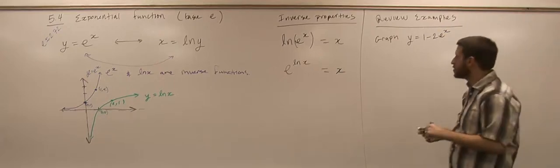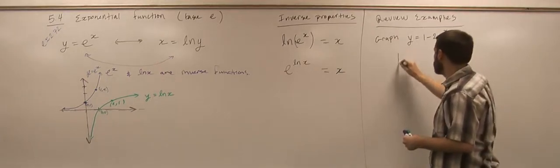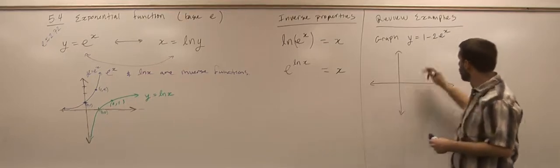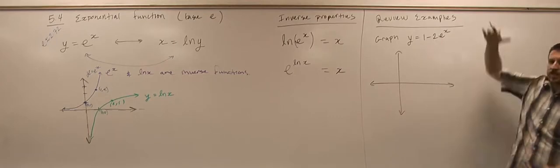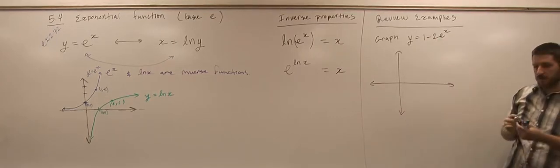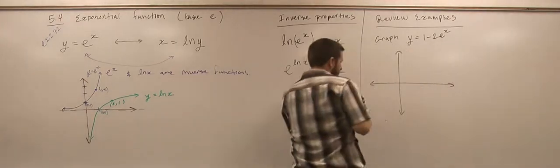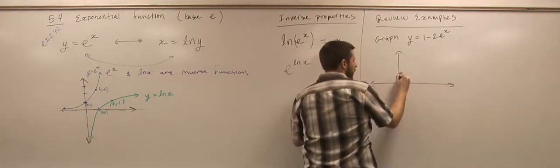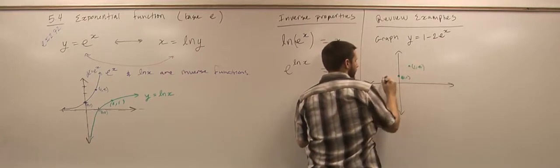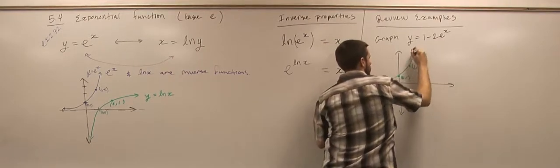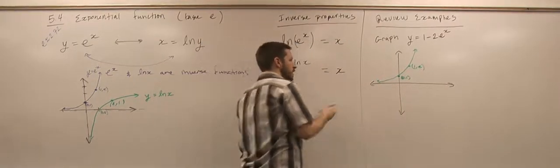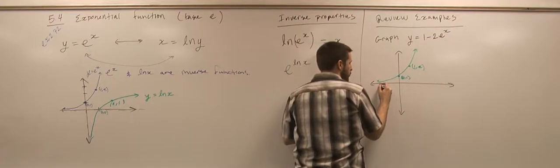So what's the multiplication by -2 going to do to your e to the x graph? Multiplication by 2 stretches it. Multiplication by a negative flips it. So e to the x was right here, 0, 1, 1, e. This was my original. When I multiply it by -2, it's going to get flipped down and stretched.